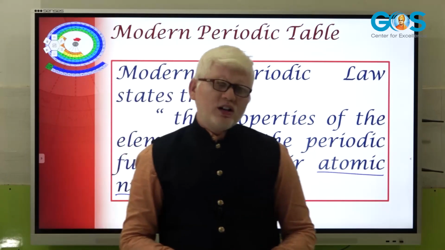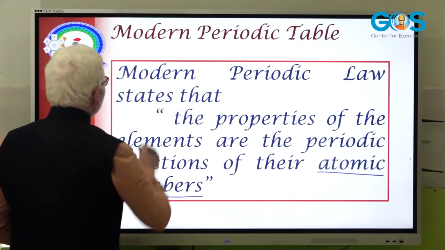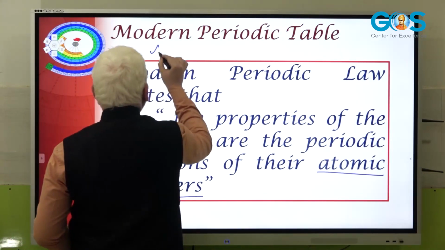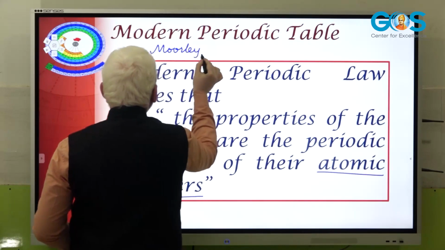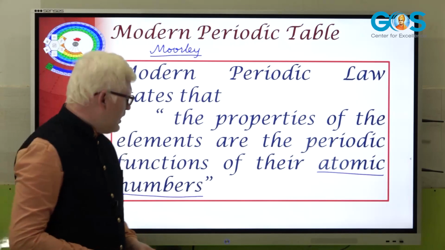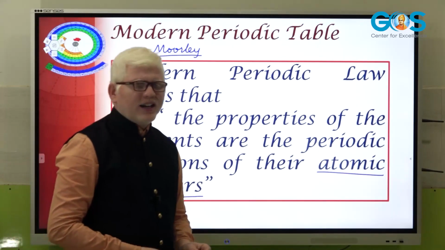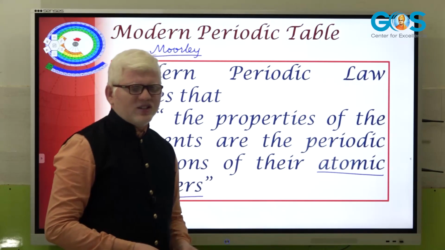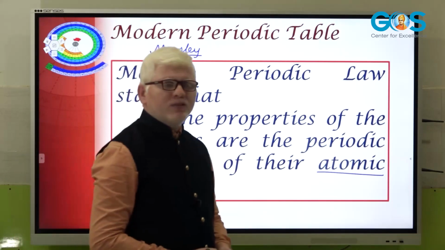Why did they take atomic number? This modern periodic law was given by the scientist Moseley. Why did he take atomic number as the criteria for classification? Here is what is meant by atomic number.